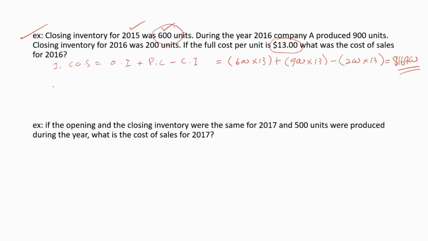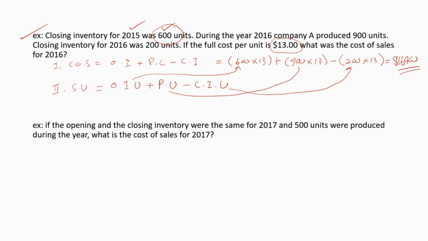Now let's calculate the other way. Here we are going to calculate the sales units first. So sales units is equal to opening inventory units plus the production units minus closing inventory units. This is the same as before, but we are calculating the unit value first. This is this value and this is this value.